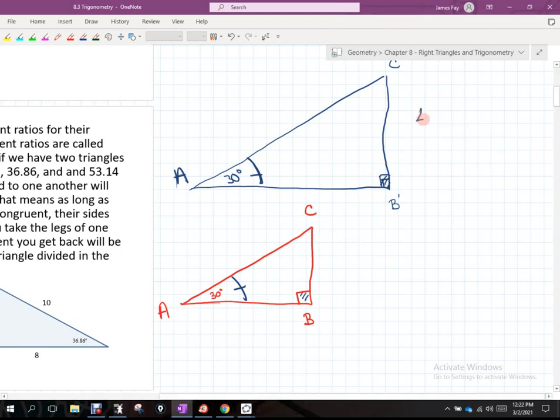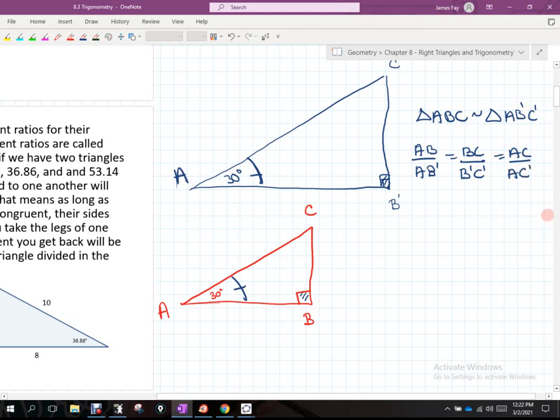So triangle ABC, which is this red one, is similar to triangle A, B prime, C prime. Is that okay? That means then that AB compares to A, B prime, just like BC compares to B prime, C prime, just like A, C compares to A, C prime.